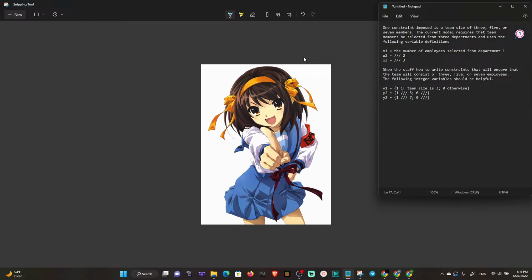Show how to write constraints that will ensure that the team will consist of 3, 5, or 7 employees. The following integer variables should be helpful. Y1 equal to 1 if team size is 3, 0 otherwise. Y2, 1 if team size is 5, 0 otherwise. Y3, this one should be Y3, equal to 1 if team size is 7, 0 otherwise.